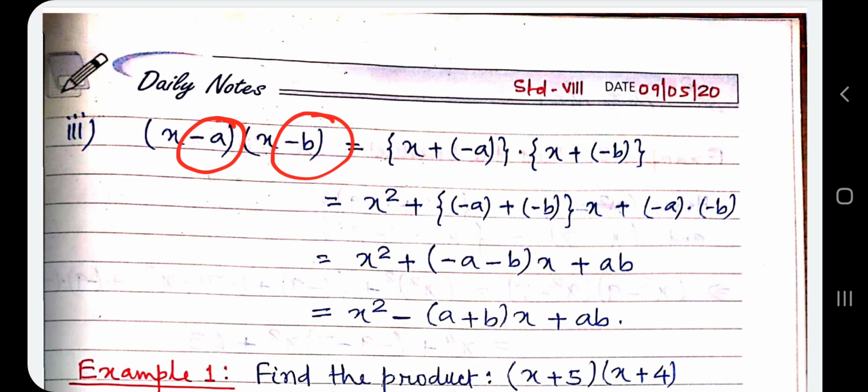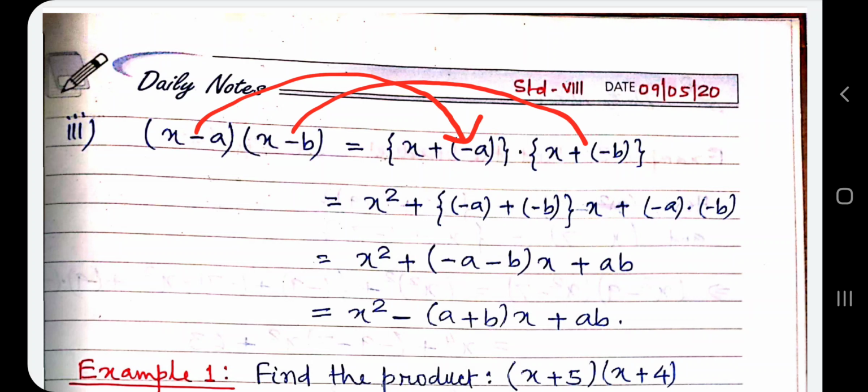So we can write this expression as x minus a written as x plus within bracket minus a, and x minus b written like this, x plus within bracket minus b.